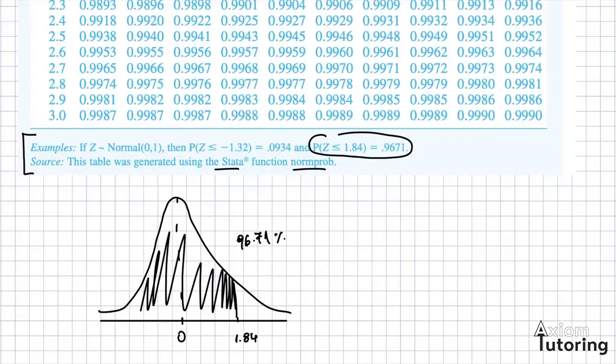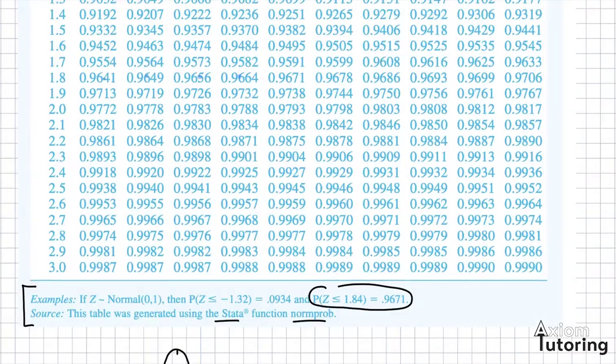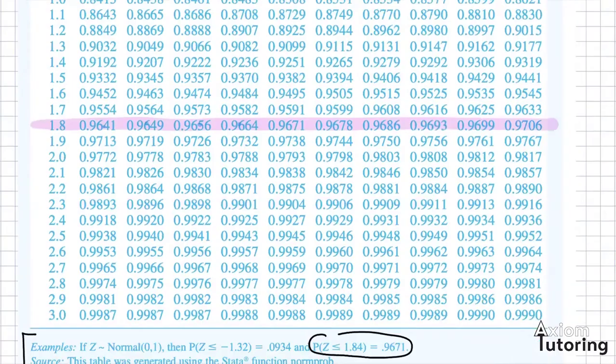If we go and check the number that's given as a probability in this table, we're going to find 1.84. So we need to go along this line, and then 84 would be starting 0, 1, 2, 3, 4, so it would be along this column. The intersection of this column and line should give us the number 96.71.